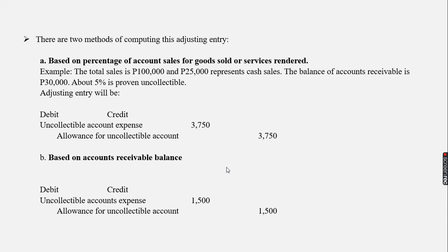The balance of accounts receivable is 30,000. So, about 5% is proven uncollectible. So, dito ka magbe-base sa account sales mo na 100,000. Okay? So, ang adjusting entry mo dyan is, paano niya nakuha yung 3,750?